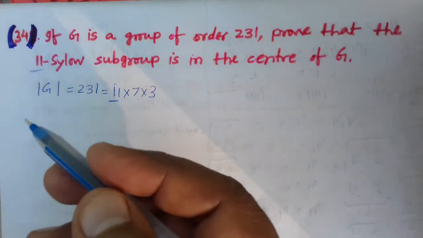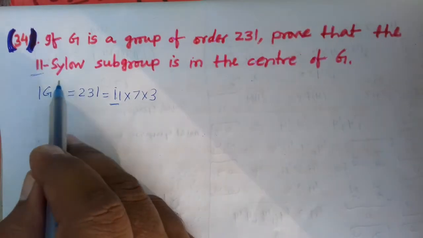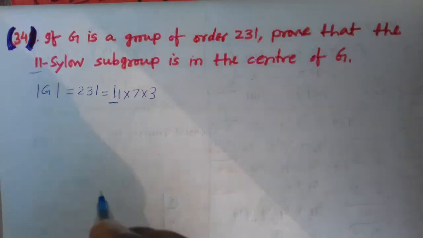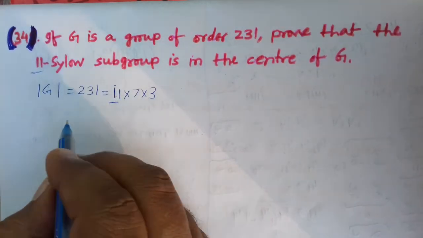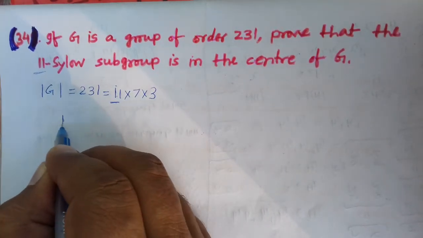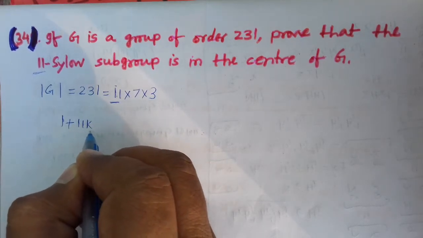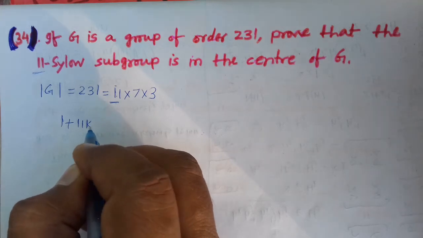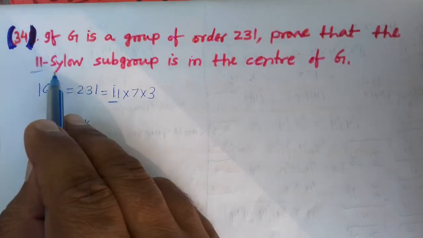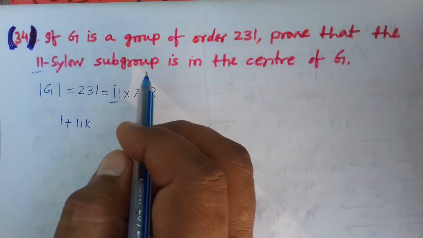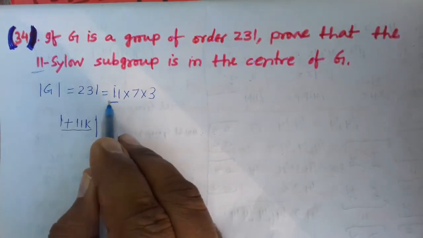Now to find how many 11-Sylow subgroups are in this group G, to calculate the number of such subgroups, we take 1 plus 11k, and here k is a whole number: 0, 1, 2, 3, etc. And to get the number of 11-Sylow subgroups, this number should divide the order of the group.